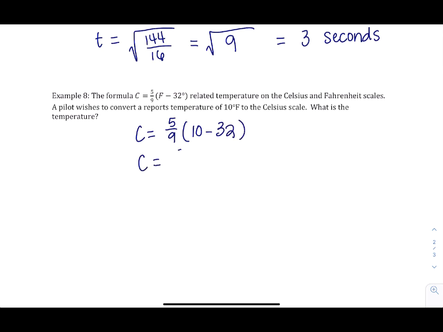We will have negatives, and that's okay, but we need to subtract first. Since that's in the parentheses, 10 minus 32 gives us negative 22. And then we multiply by 5 and divide by 9. The way you would type this into the calculator for that fraction is 5 divided by 9, and then multiply by your negative 22. You'll get the answer of negative 12.2 degrees Celsius.